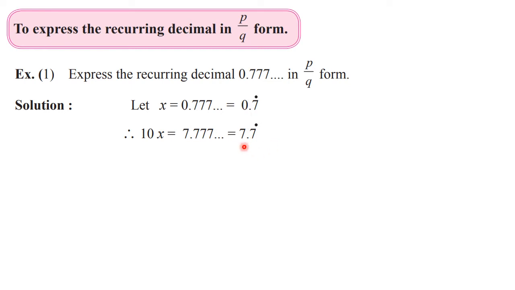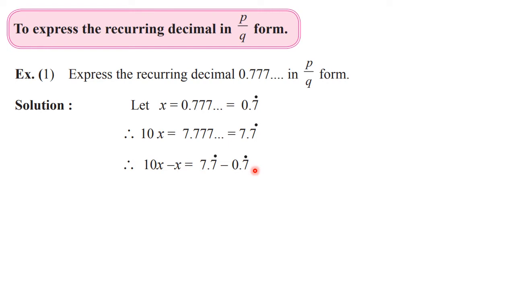Now let us subtract these two. What we are going to do is 10x minus x. On the left hand side, 10x minus x, and here 7.7 recurring minus 0.7 recurring. If you subtract here, the recurring 7 will get cancelled.